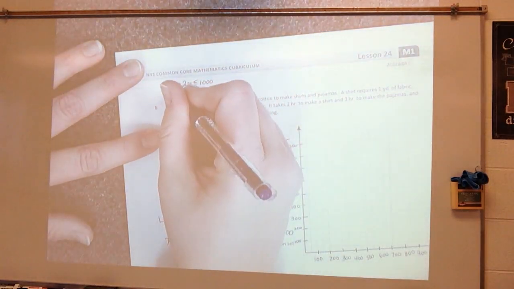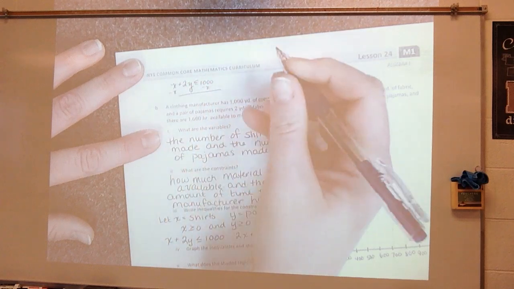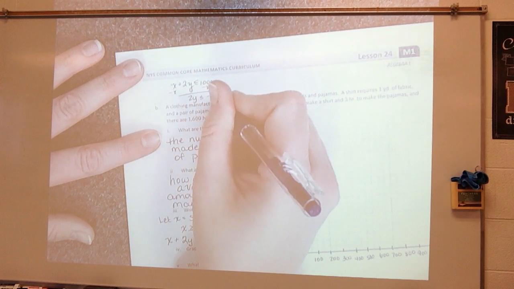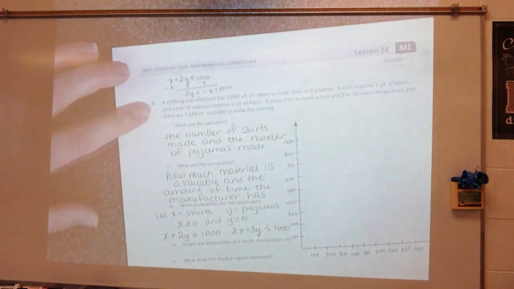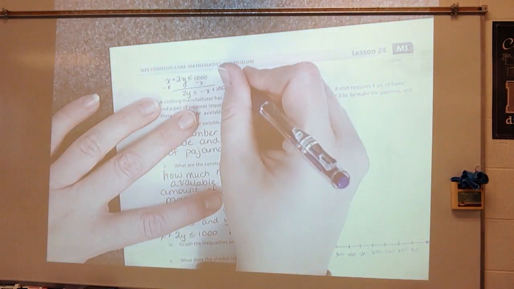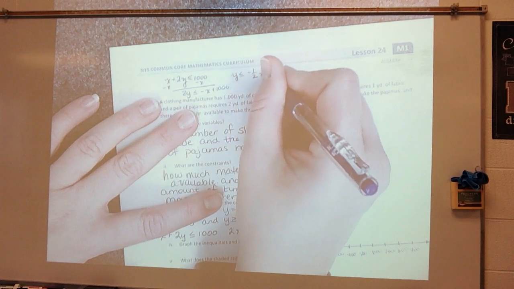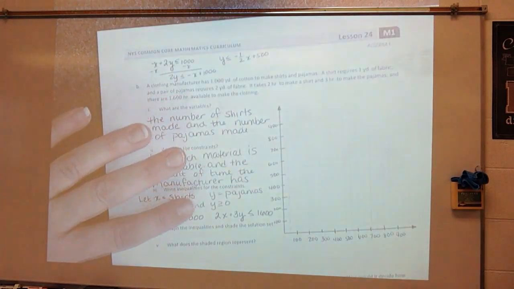Alright, so I'm going to subtract my x. So I get 2y is less than or equal to negative x plus 1,000. If I divide everything by 2, I get y is less than or equal to negative 1/2 x plus 500.